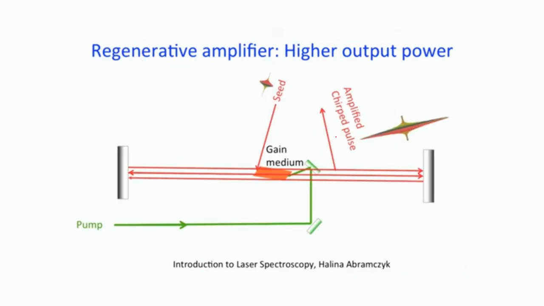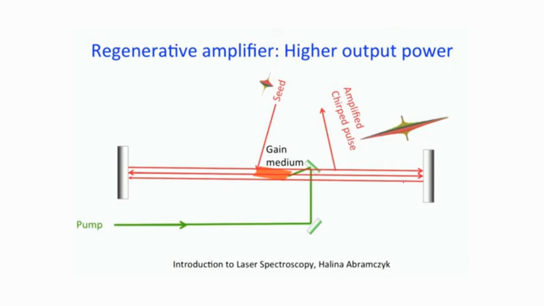Now the second one we got is the regenerative amplifier. This whole setup looks quite simple. First of all, there is a pump laser. This pump laser passes through the gain medium. Its only function is the amplification. Second is the seed laser. When the seed laser is incident on the gain medium, it passes through the gain medium, goes straight, and then reflects from this mirror.